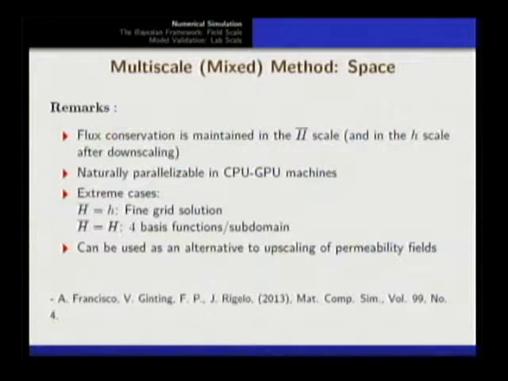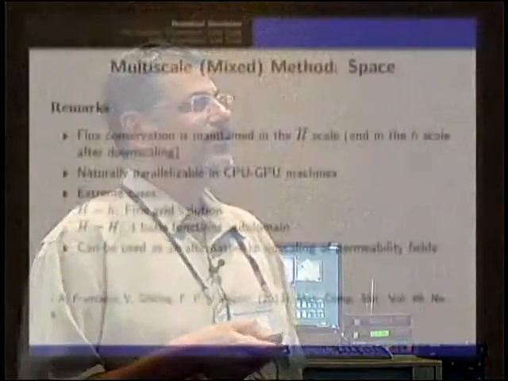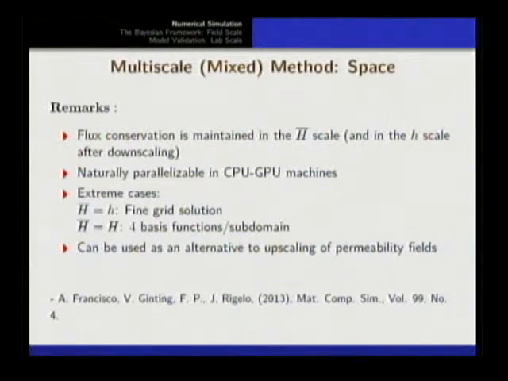And so some remarks about the method: after we are done with this iterative procedure or with this direct procedure where we glue together multi-scale basis functions until we reach the domain size, we have flux conservation only in this H bar scale, and then we have to add a downscaling step to recover conservation in the smallest scale.